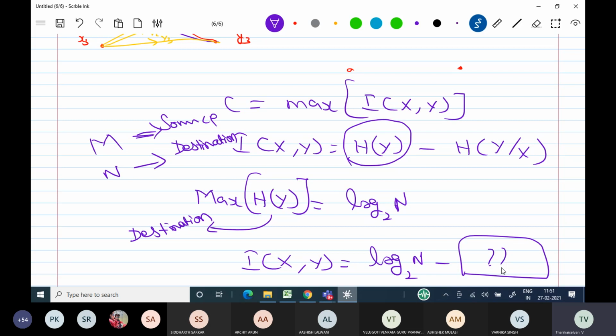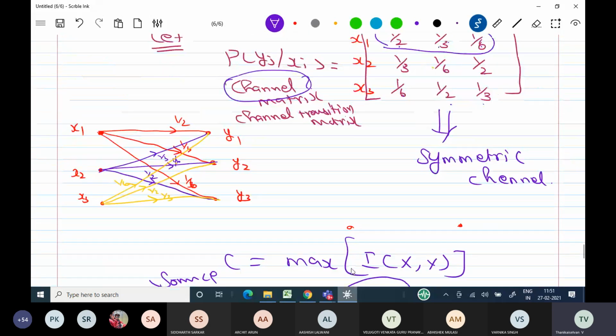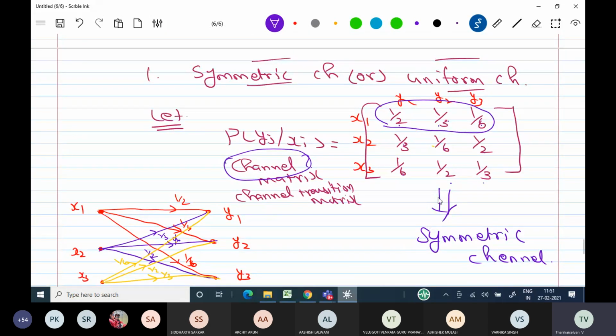So that only we are going to calculate. How to calculate H(Y|X) maximum means you have to understand from this matrix. You see this conditional probability matrix.